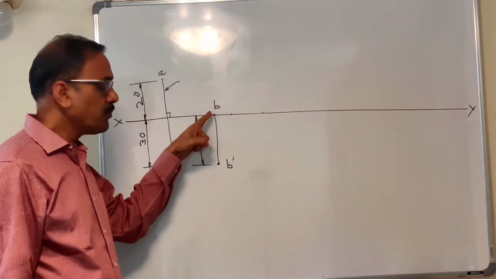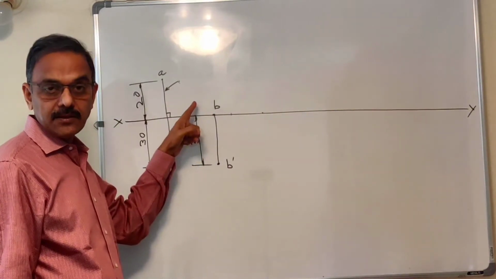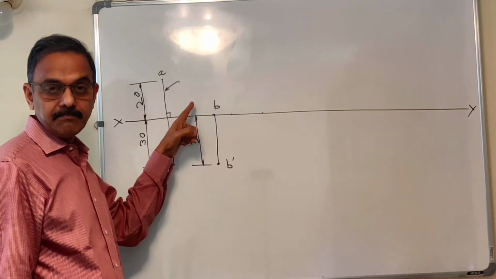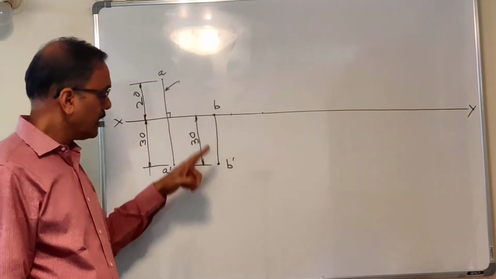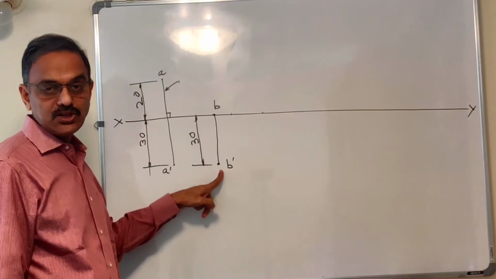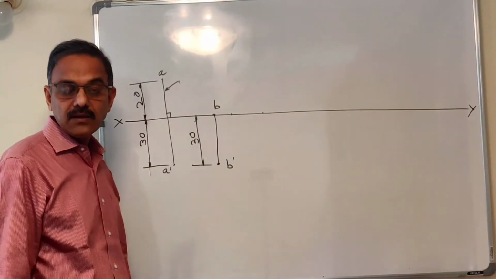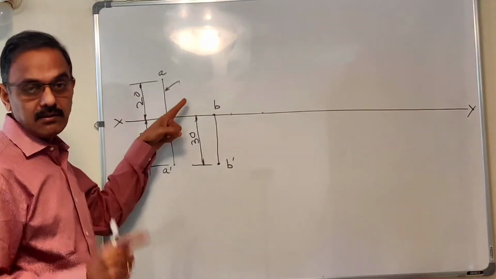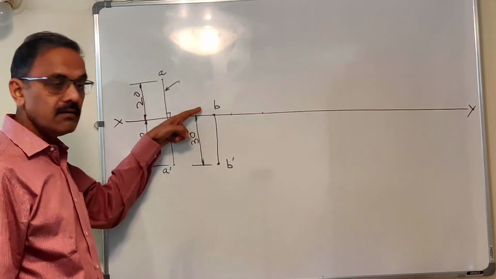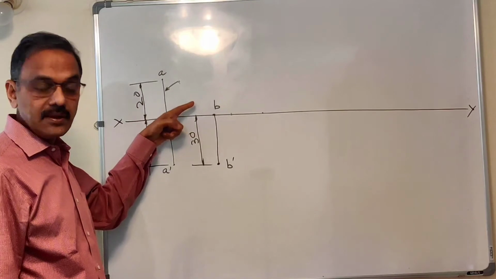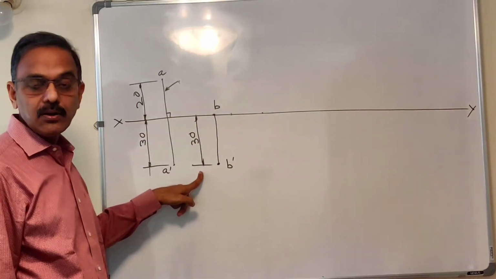So I can say the point B is on VP, and it is 30 mm below HP. So what should be my statement? The point B, capital B, is on VP or in VP and 30 mm below HP.